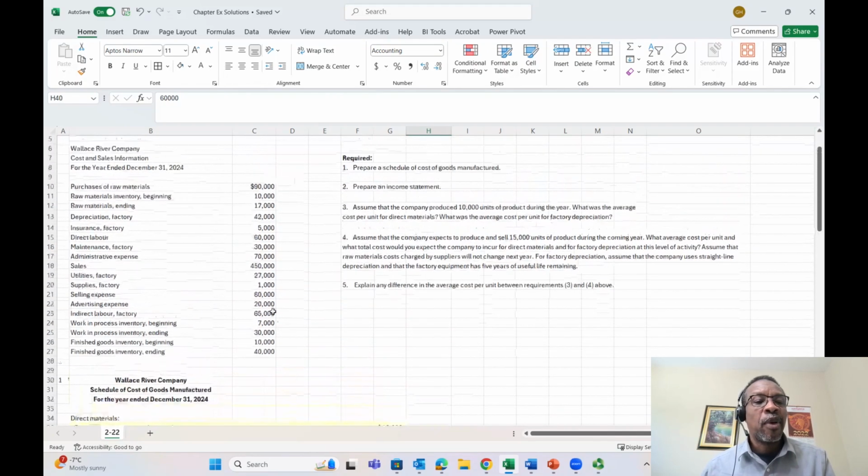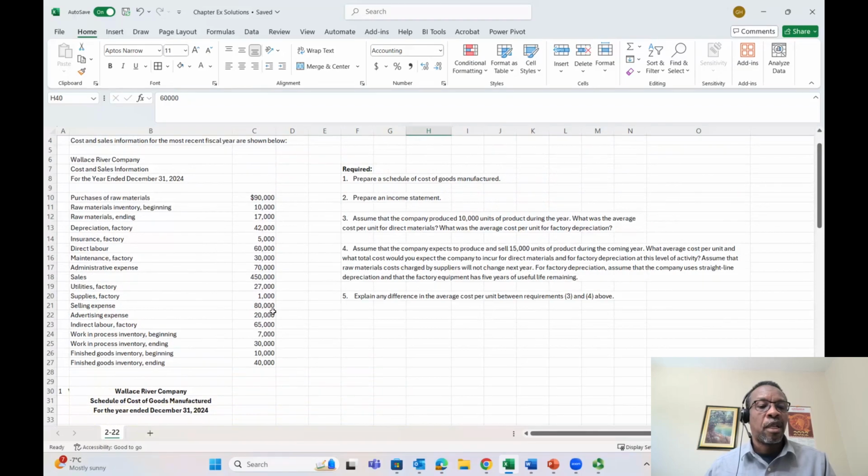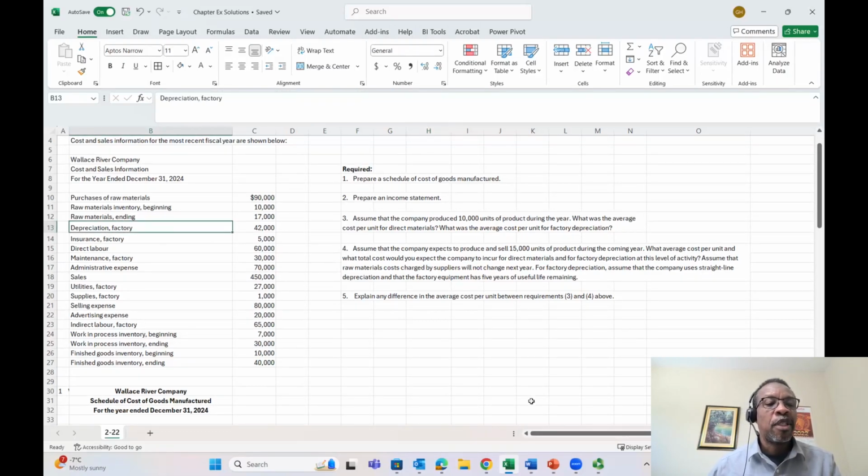So in a question like this, you're going to look at the information that is given. And if it tells you that the information is about the factory, and it's not direct labor and it's not direct materials, then it's going to be part of your manufacturing overhead. All right, so we look here, we can see we have depreciation, and it says factory. We have insurance, it says factory. We have maintenance, it says factory. We have admin expense. No, that's not factory, so we're going to ignore that one for now.